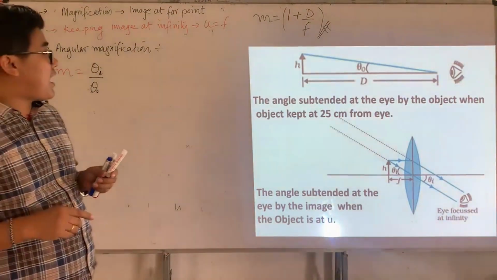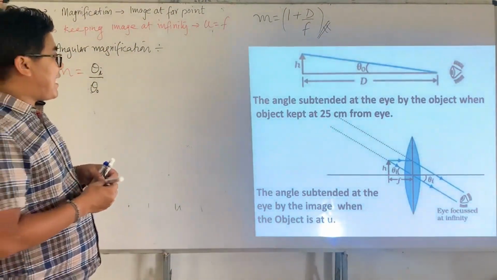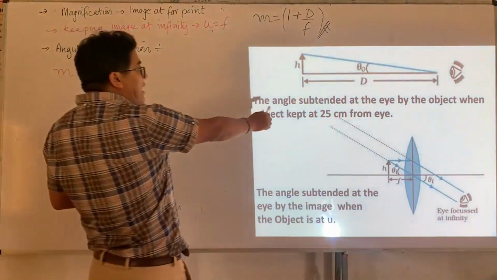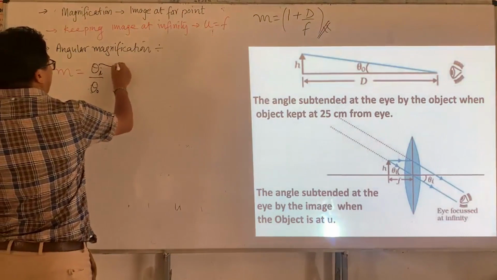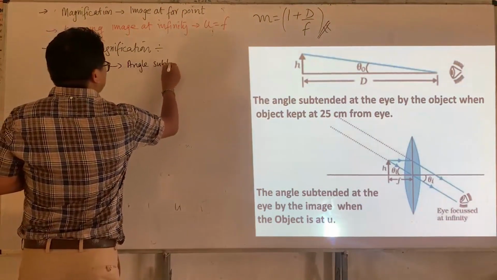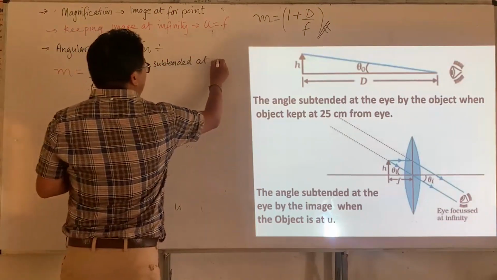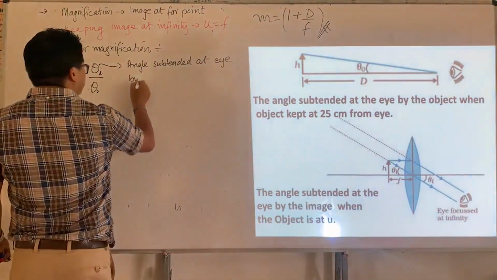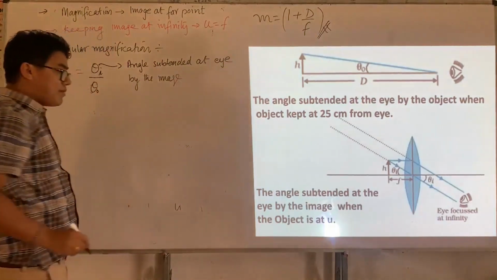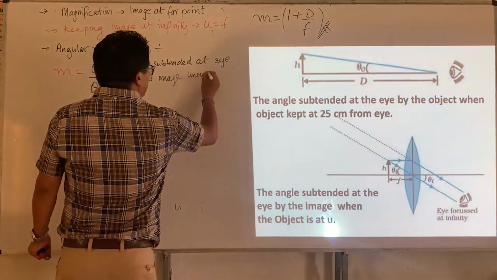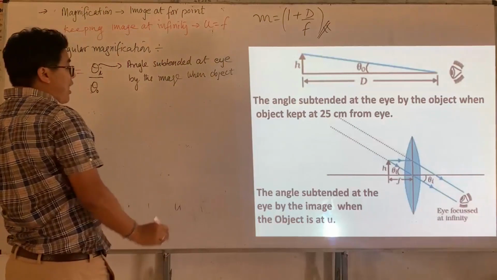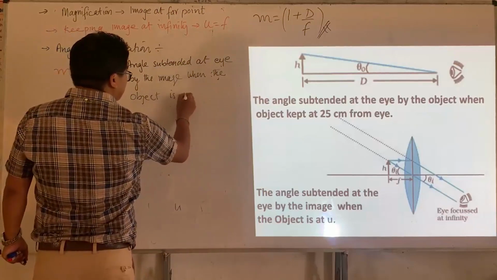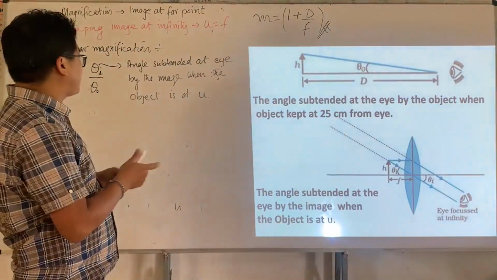The angular magnification is defined as the ratio of the angle subtended at the eye by the image, when the object is at u, where the object is kept at f, to the angle subtended at the eye by the object.